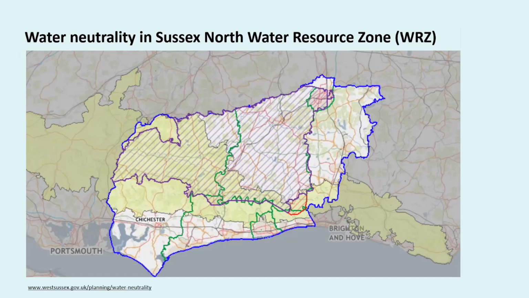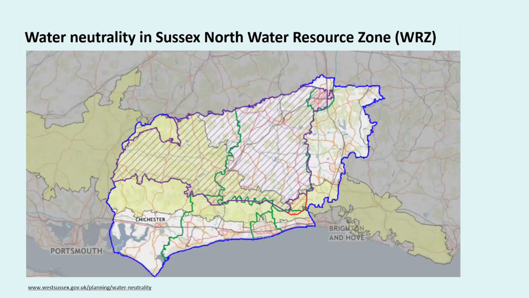So as a consequence of this decision, all planning applications in that water resource zone, and that includes domestic and non-household, must achieve water neutrality. That means that the total demand for water with the new development must be the same as it was or lower than the total water demand before the development.